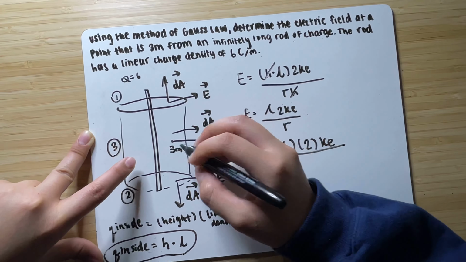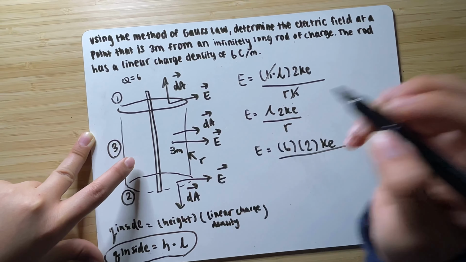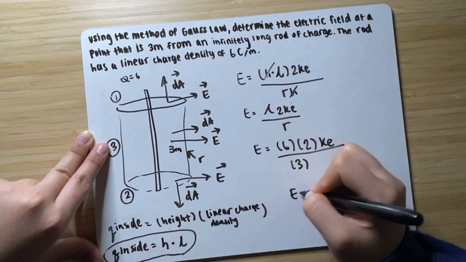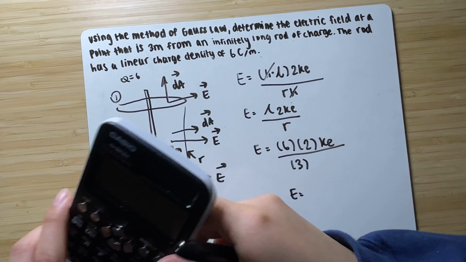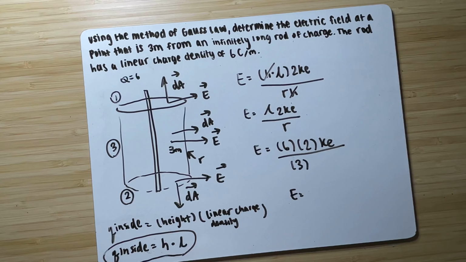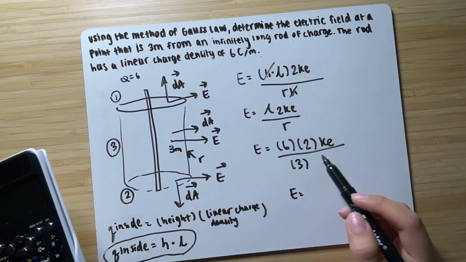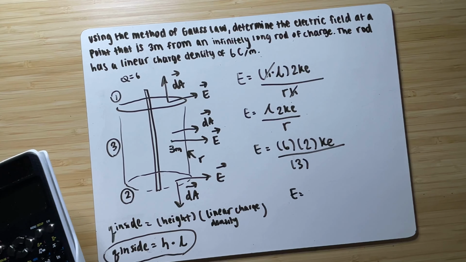Therefore, the radius is going to be 3 meters. So 3 right here. With that, we could just do the arithmetic. It's 12 over 3, which is 4. It's going to be 4ke.